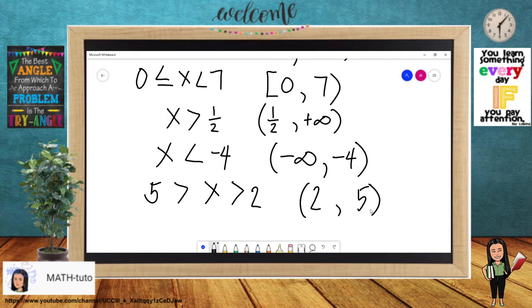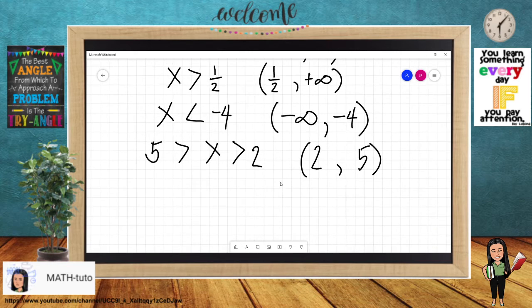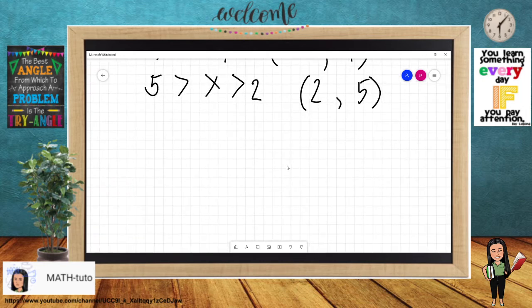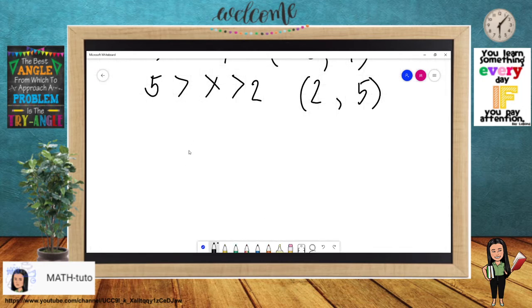Okay? So, paano naman pala kapag not equal? Yan. Paano pag not equal? Kasi this is also an inequality. So, paano natin siya isusulat? Ano bang ibig sabihin nito?